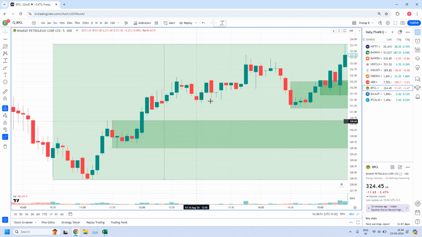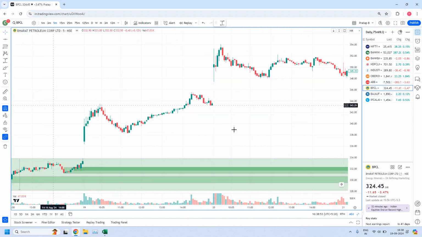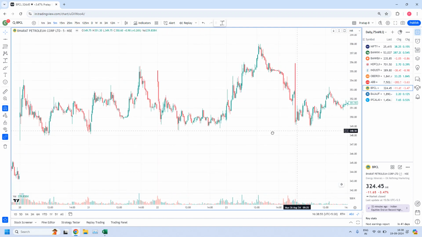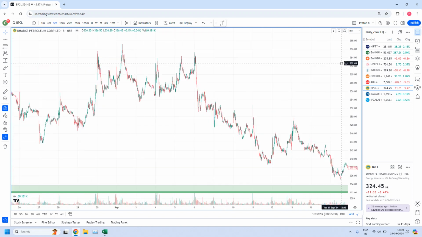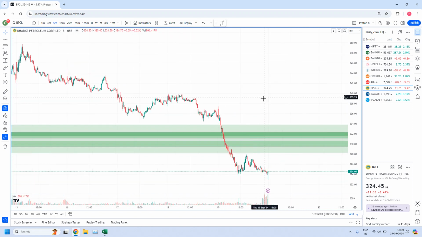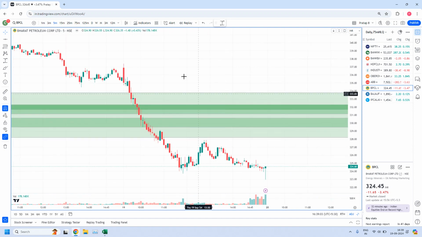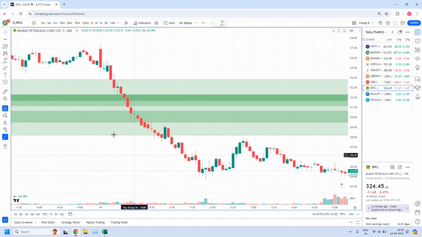So we know that this zone will be violated. That is what happened today. See how easily the zone is violated, and even this is more easily violated. There is no push from this zone.